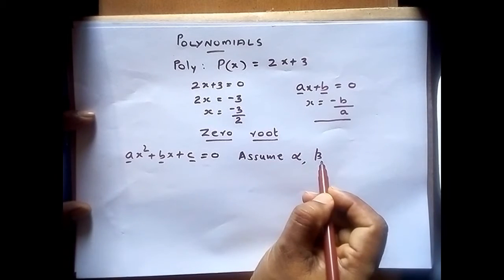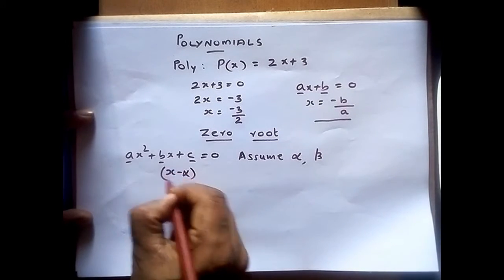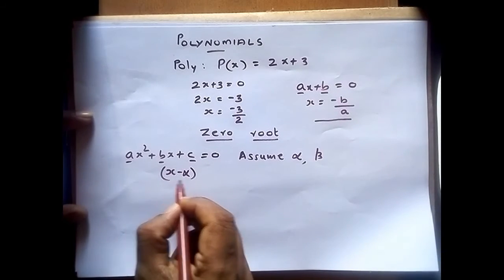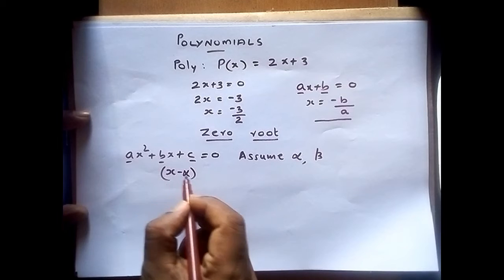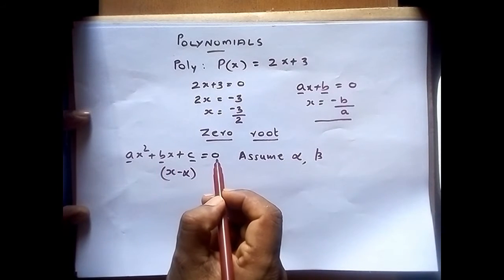If alpha and beta are the roots of this polynomial, then x minus alpha will be a factor of this polynomial, because if we put x equal to alpha, alpha minus alpha is equal to 0, which makes the polynomial equation true.